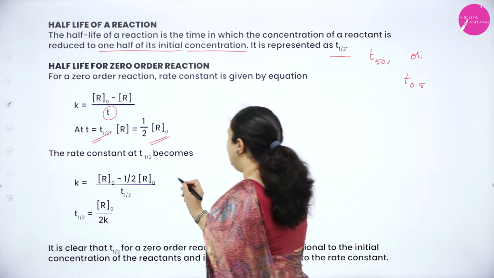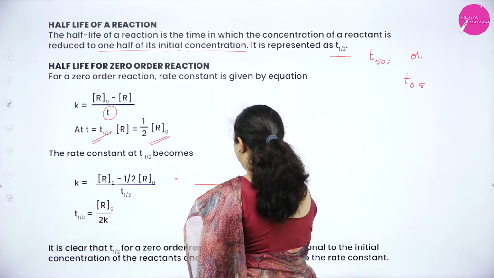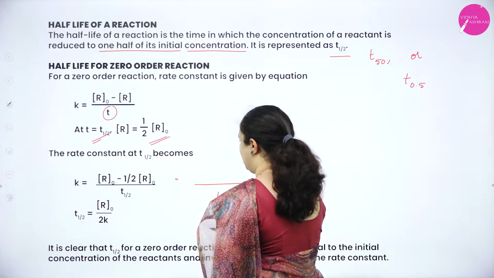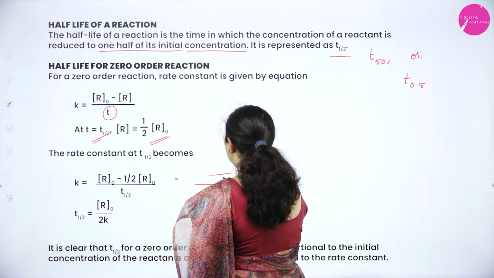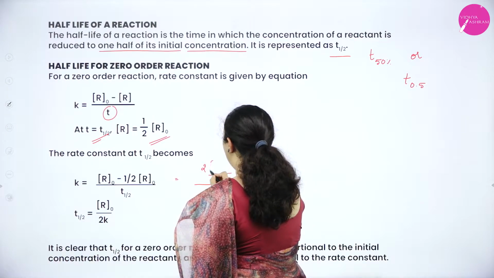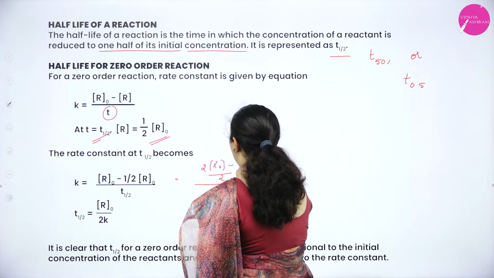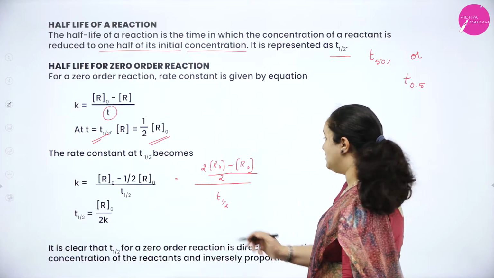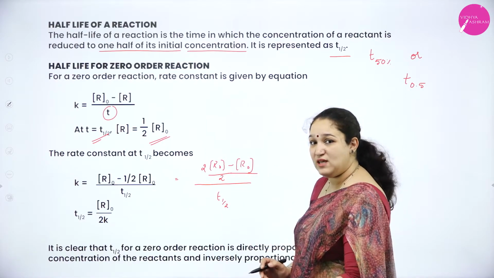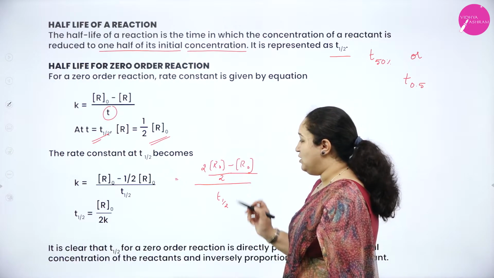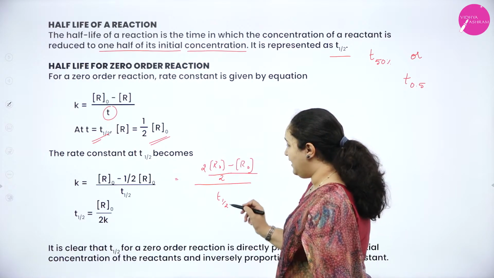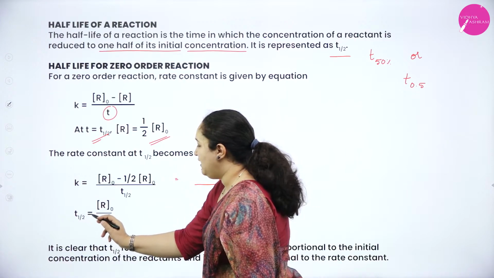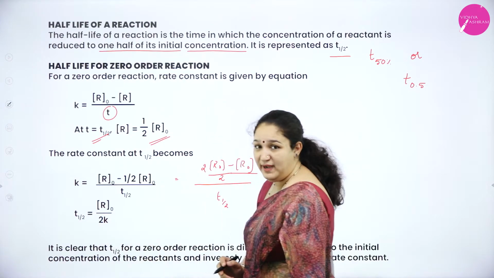If I solve this, T half I am writing as it is. The common LCM will be 2, so I will get 2 R naught minus R naught, which is R naught by 2. Just rearranging this, we get T half is equal to R naught by 2K.